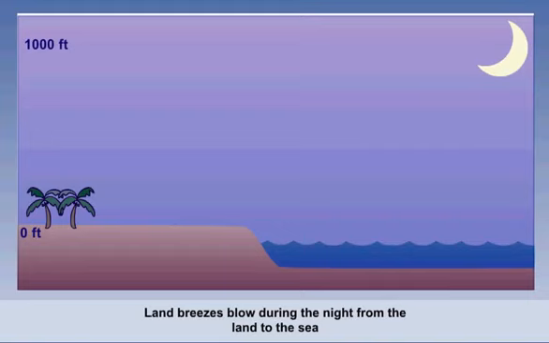Let's look at what will happen at night. The diagram shows a cross-section of the land and sea along a coast during the night. The land will cool down faster than the sea and will therefore be much cooler. As a result, there will be warmer, less dense air above the sea surface than above the land.